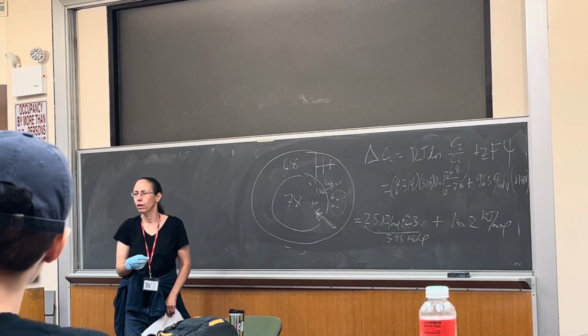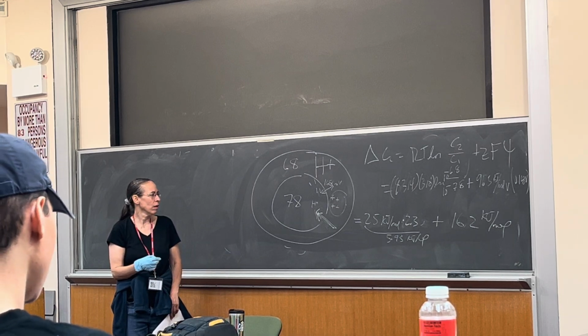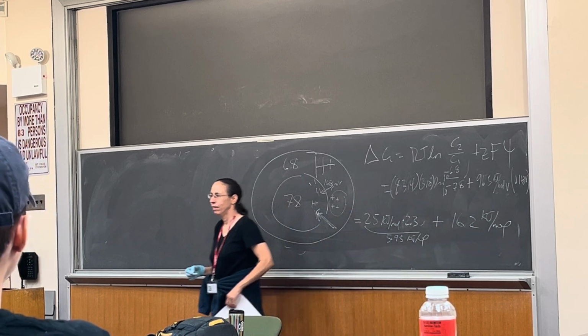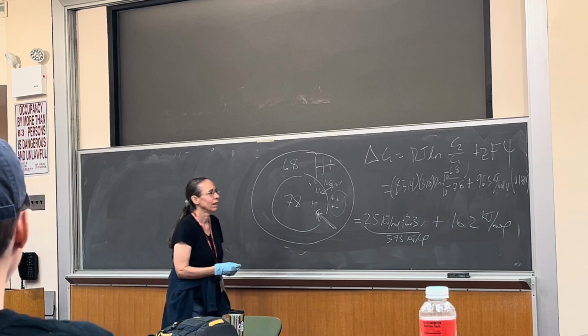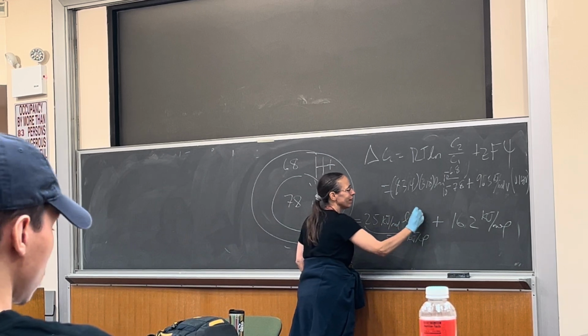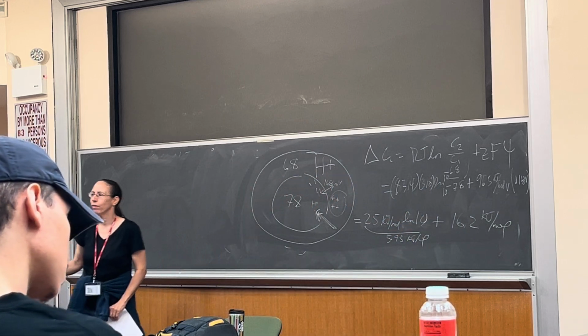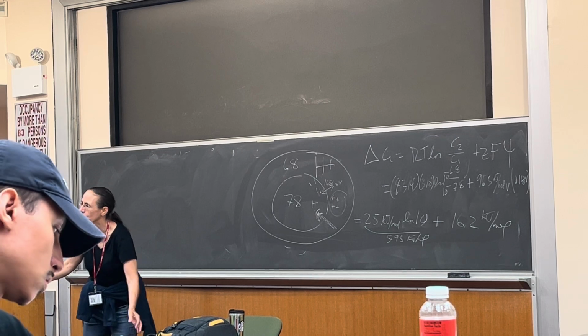How did you get the 2.3? That's the natural log of 10. This is the log of 10 to the negative 6.8 over 10 to the negative 7.8, which is the hydrogen ion concentration.